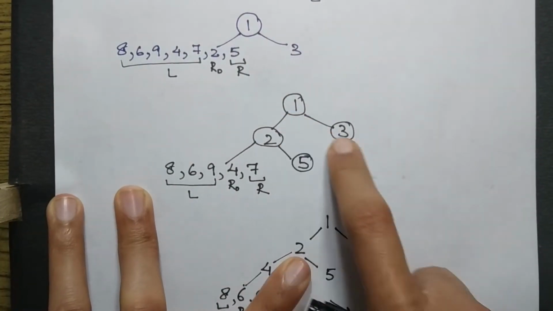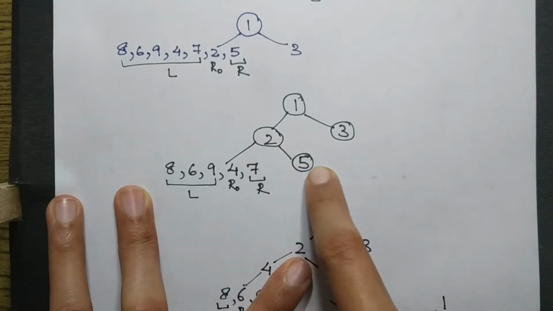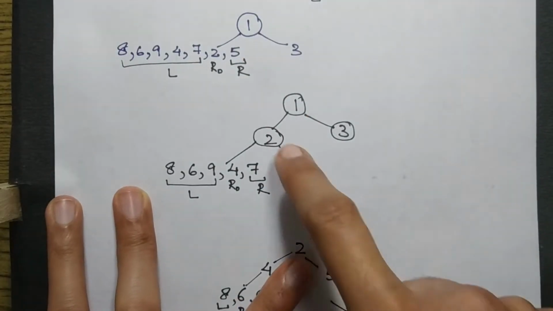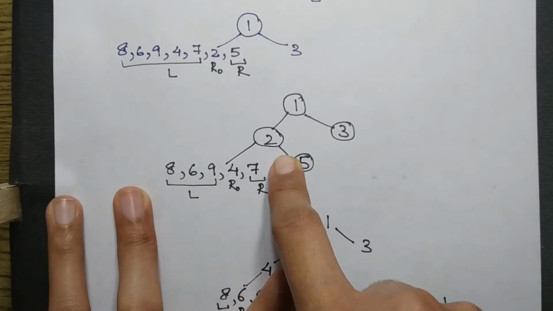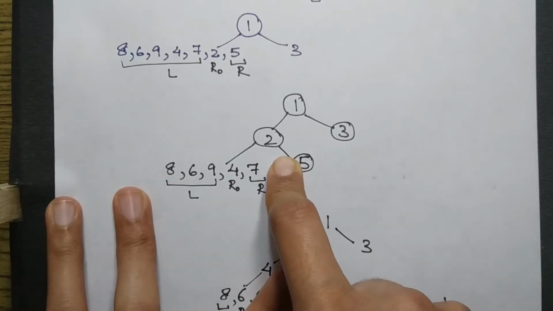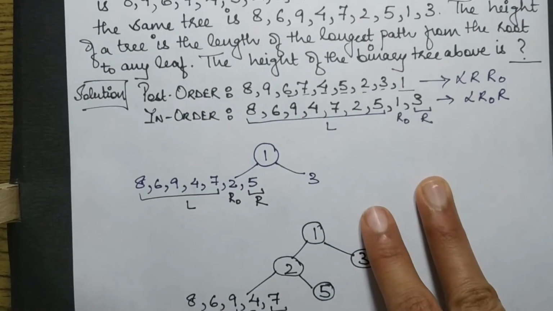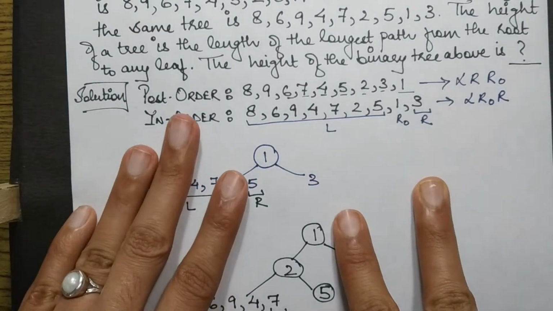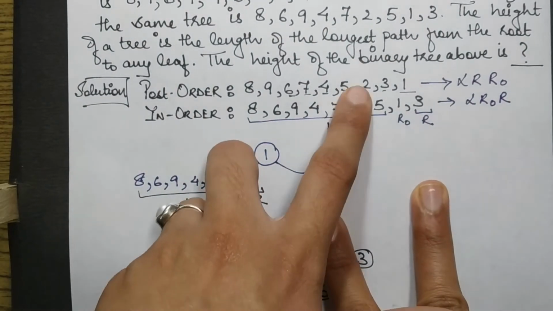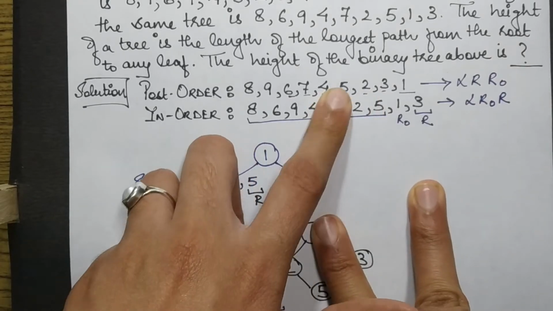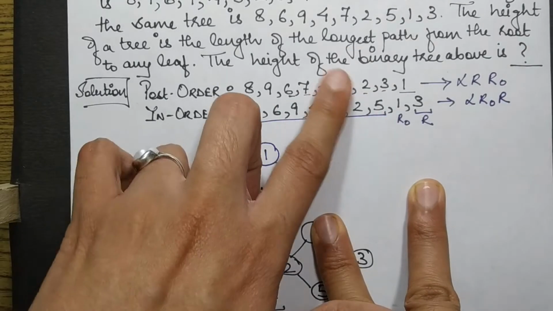We draw it as 1, 3, 2, 5 is the right hand side child and the left hand side children are over here. Again, we check the post order for the next root. So we already have 2, again we have the 5 as the right hand side child. So we're done with this.